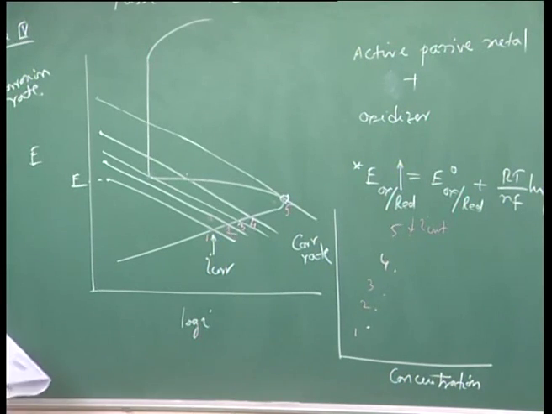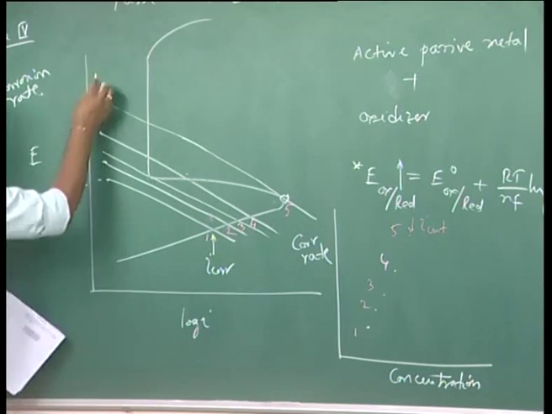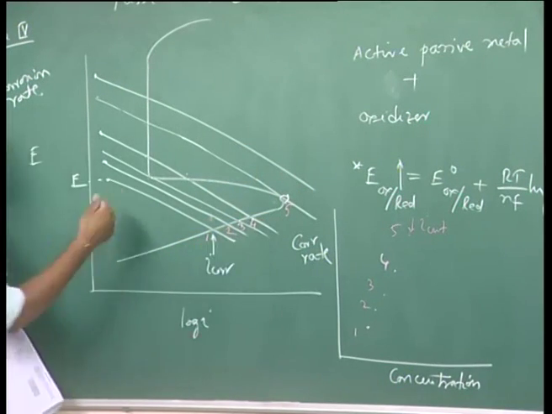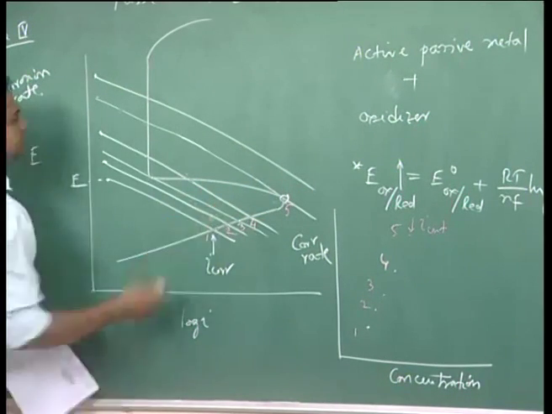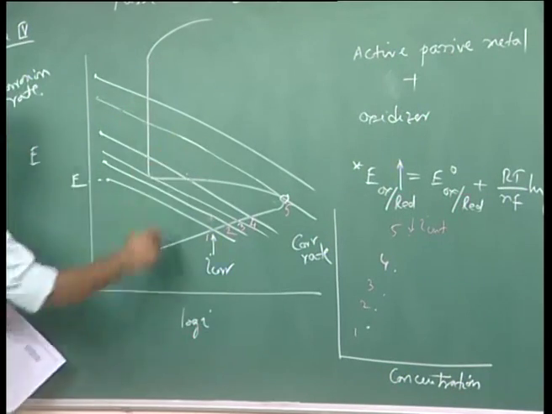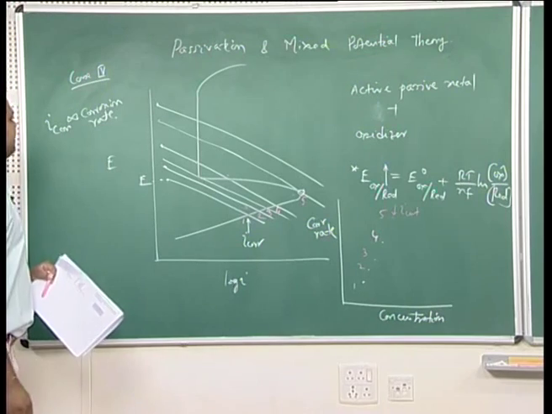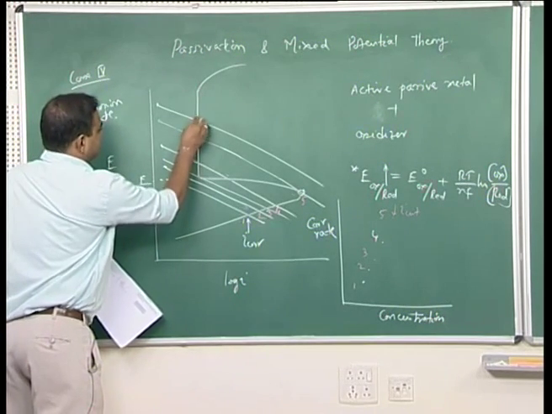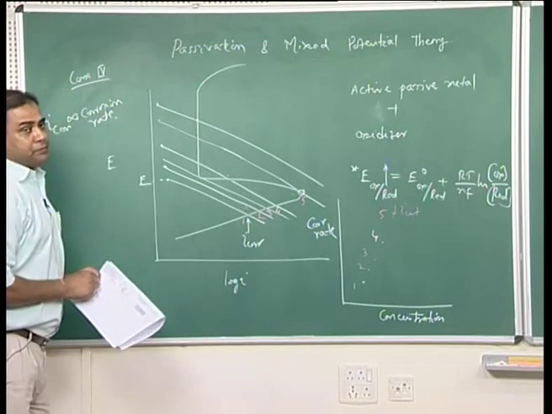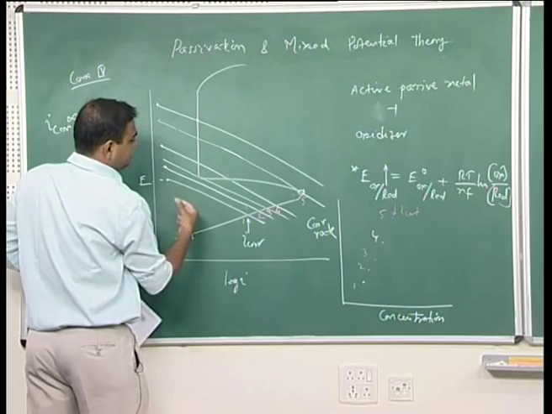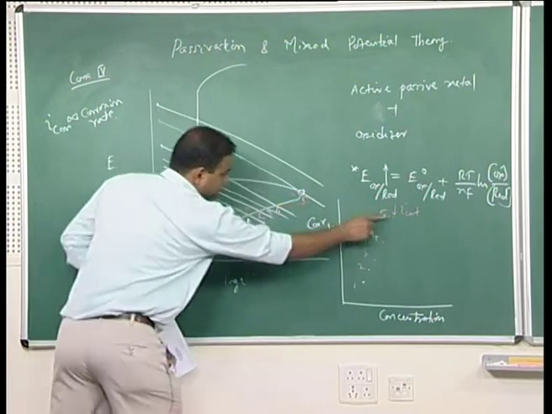Now, beyond that, if I increase the concentration a little bit, I can bypass this point. Once I bypass this point, I see that the cathodic polarization line is cutting the anodic polarization curve at this point, which is the stable passive zone. Earlier it was here, which corresponds to 5.